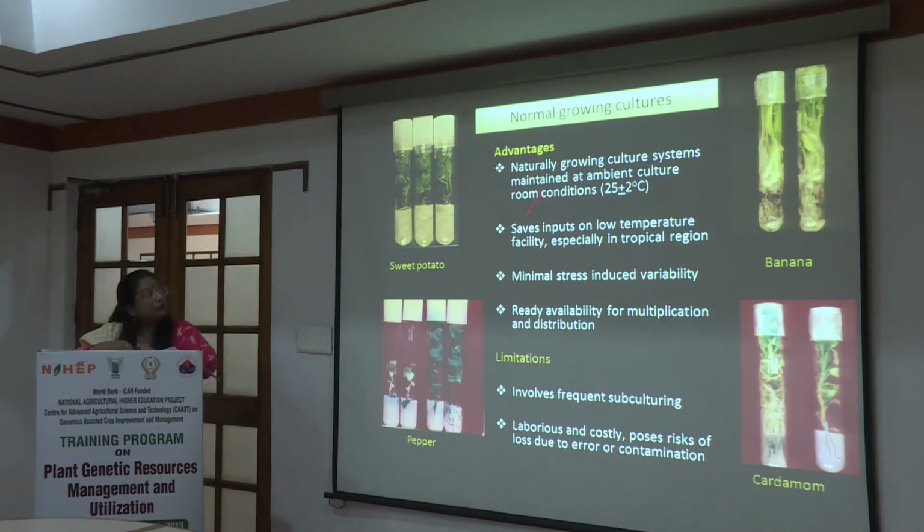The advantage is it gives very little stress, it saves inputs like low temperature, and the material is always ready for multiplication if we have to share with researchers. The only problem is it involves a lot of subculturing, which means labor, and that increases the cost, and also the risk of contamination and errors is always there when you are regularly subculturing.